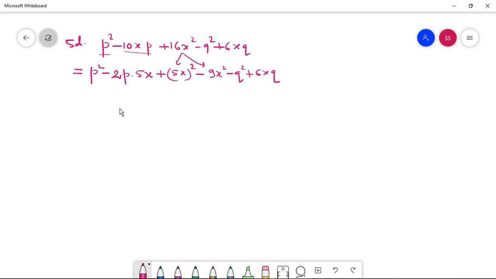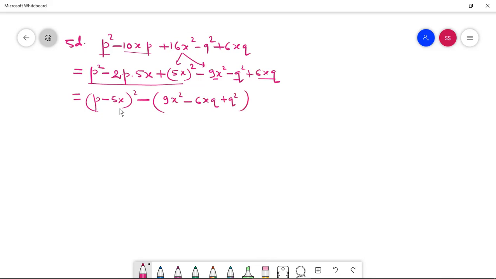So the condition is p minus 5x plus 3x minus q, and p minus 5x minus 3x plus q. I jump two steps here: p minus q minus 2x, and p plus q minus 8x. In this way we can factorize this.